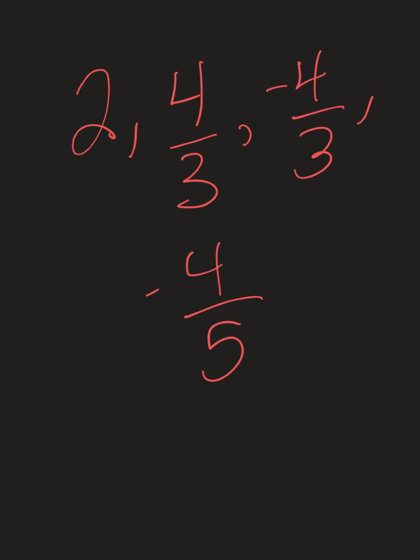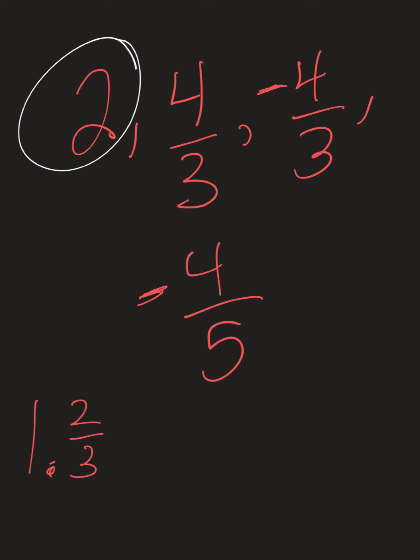So if I was putting these in order from least to greatest, I would have to simplify 4/3 into the approximately 1 2/3 that we are dealing with there, okay? And 4/5 is less than 1, and it's negative, so that kind of changes it as well. So the largest is that 2, and the smallest would be -4/3.